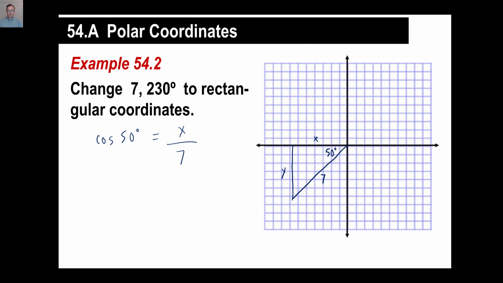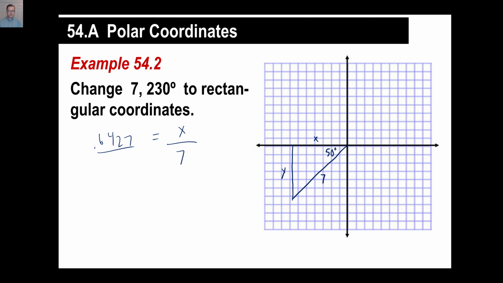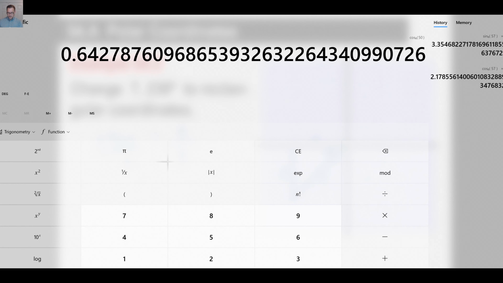We can do the same thing we did a minute ago, and replace this cosine of 50 degrees with 0.642 something. And again, don't forget, you can just cross multiply. In other words, you can just multiply this by this, and that'll give you the answer.